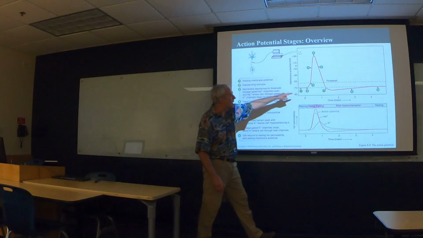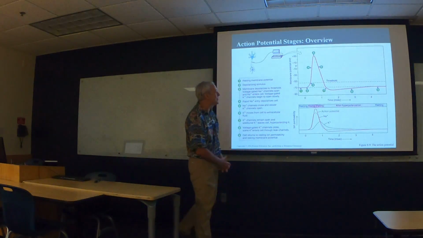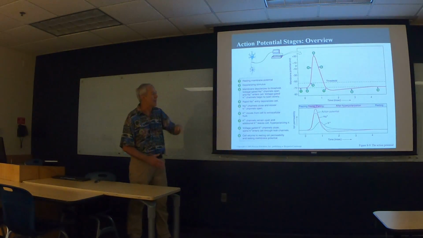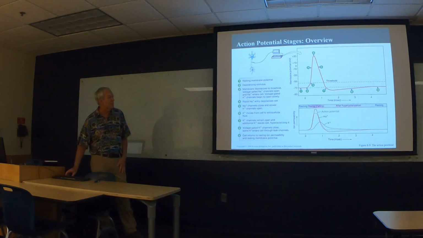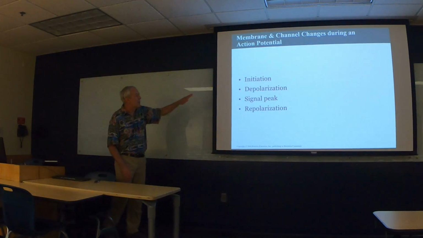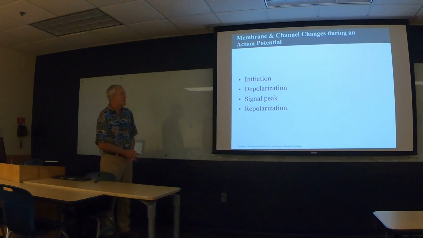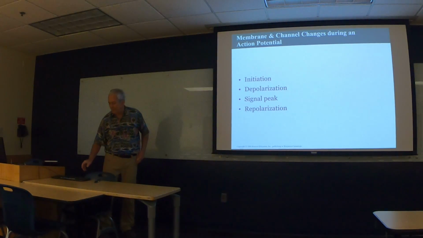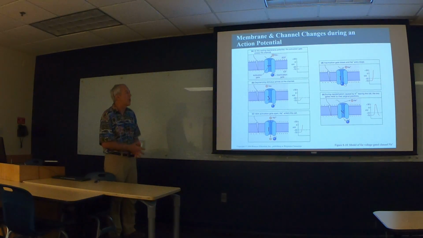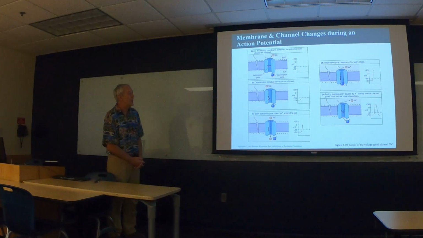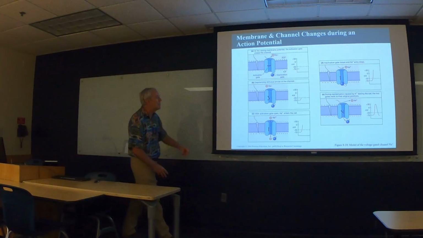And you actually get an overshoot of that resting membrane potential, but it eventually comes back up to around the -70 region. All right, so you have initiation, depolarization, the signal peaks, and then you get repolarization in that process. So this is a diagram showing the sodium channel, the two gates in the sodium channel.